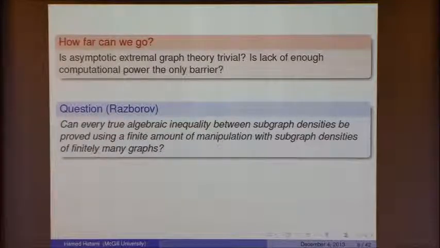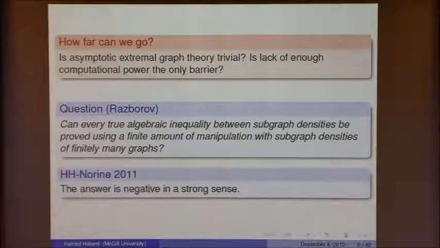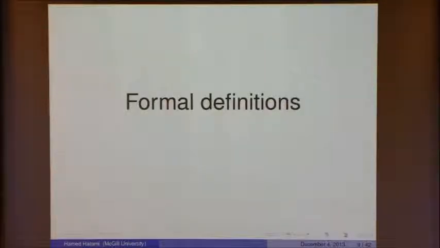And then he formalized some precise conjectures. What we did is prove an undecidability result, which gives a very negative answer to all these questions, showing that this lack of computational power is not the obstacle. Actually, these problems are inherently difficult.